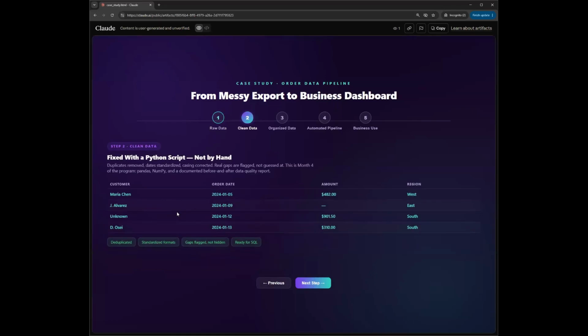We'll learn Python from scratch, and here's the same data after it's been cleaned, and we'll learn how to do that. And here's the important part. This wasn't fixed by hand in Excel, right? Because I wouldn't waste time doing that. Nobody sat there for 20 minutes retyping dates. This was fixed by a Python script. And in this course, we'll teach you how to learn Python and essentially use Python for data cleaning.